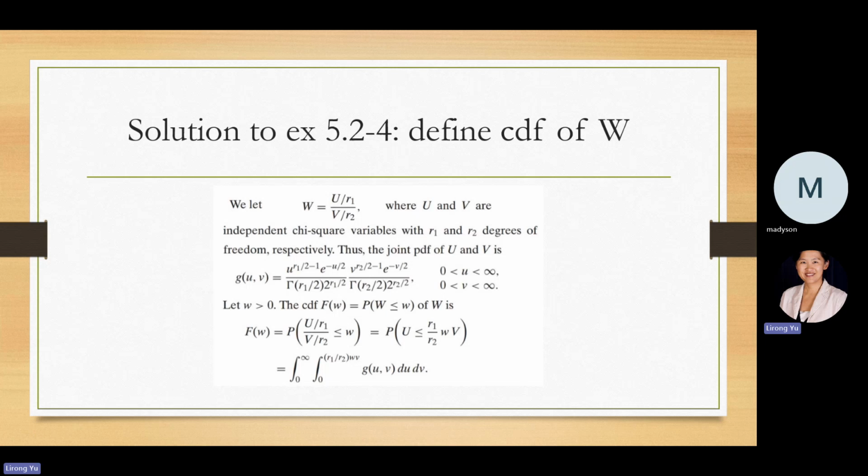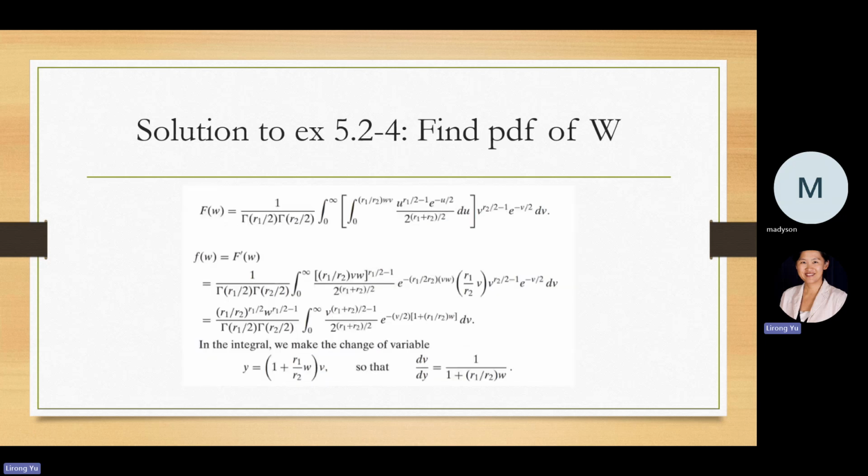But now U equal to R1 over R2 times w times V, where w is a positive number, that is a slope times the variable V. This is a line, U equal to R1 over R2 w times V. Since U has to be less than that, it is the upper boundary for U. So you're integrating U from 0 to that, and the natural boundary for V will be 0 to infinity. That's our integration limit. So we'll go ahead and integrate it.